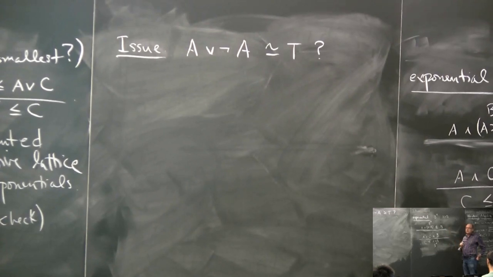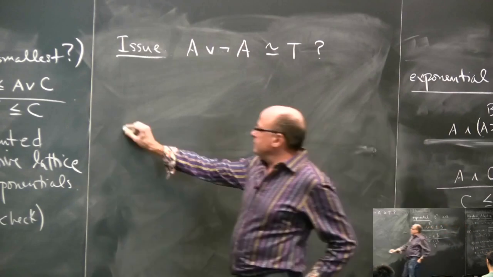Okay? How do you do that? Well, if you know that something is true in every Heyting algebra, and I want to show that it's provable, what's the strategy? Well, the strategy is you build something called the Lindenbaum algebra.